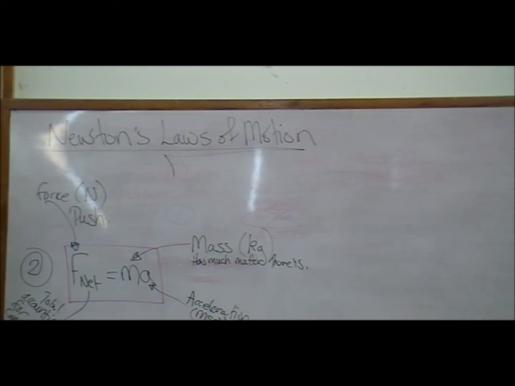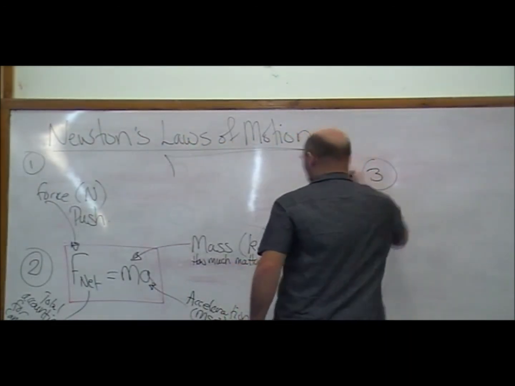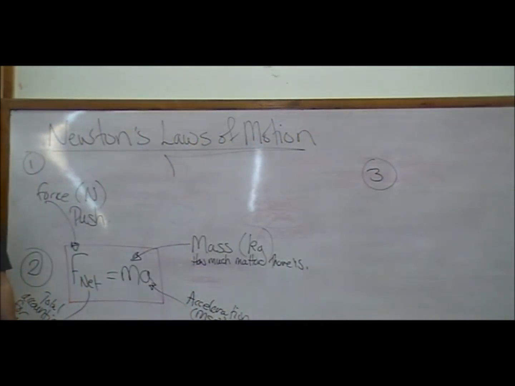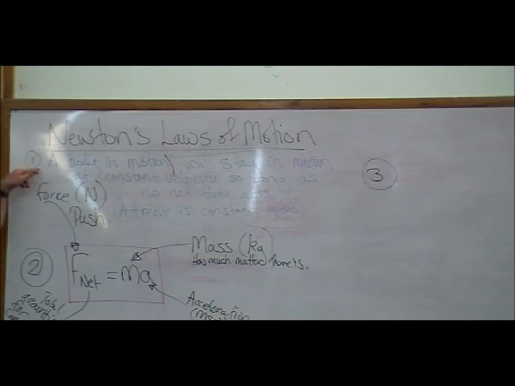Who's got either number 1 or number 3 for us? Oh, number 1. Go. Object won't move in motion unless an external force is acted upon it. Nice. Okay, so in science we say a body in motion will stay in motion at constant speed so long as no net force acts.